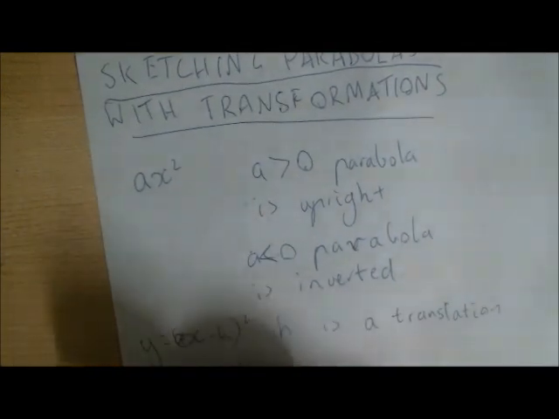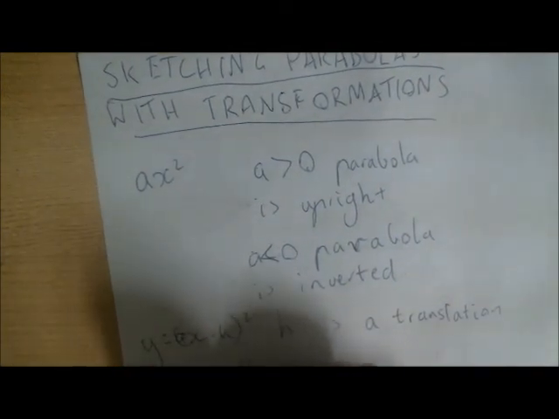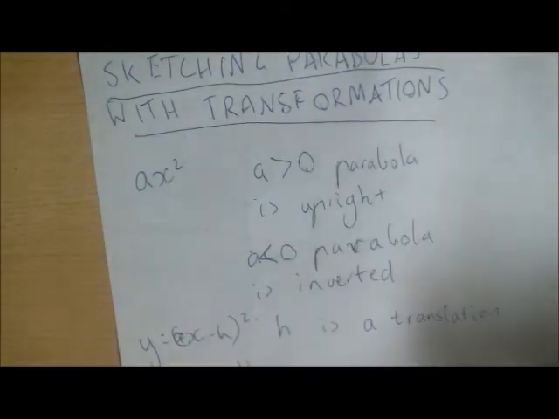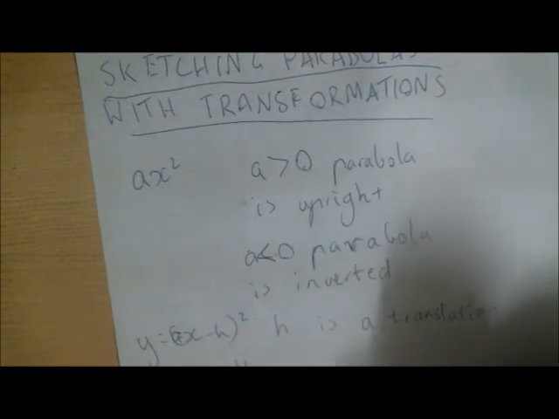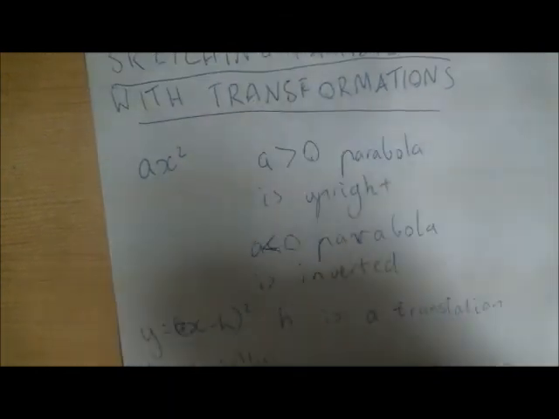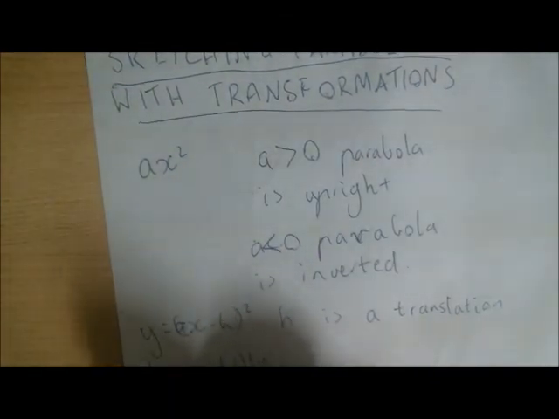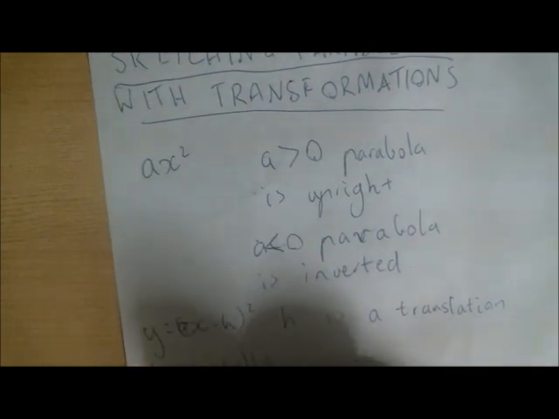So for example, if I have y equals (x minus 3) squared, then it's the y equals x squared graph translated 3 units right, because it's positive 3. So it would look like this.